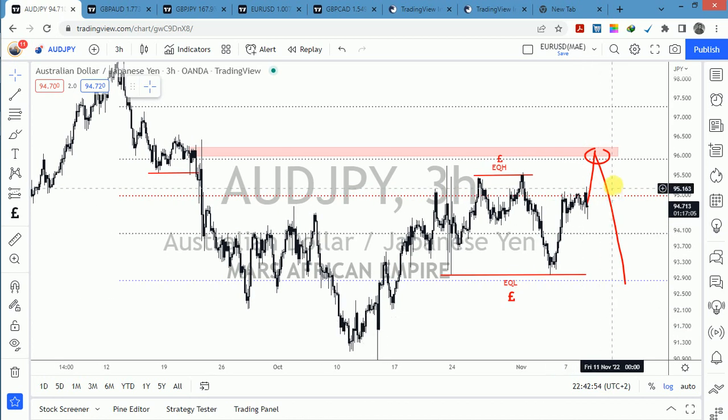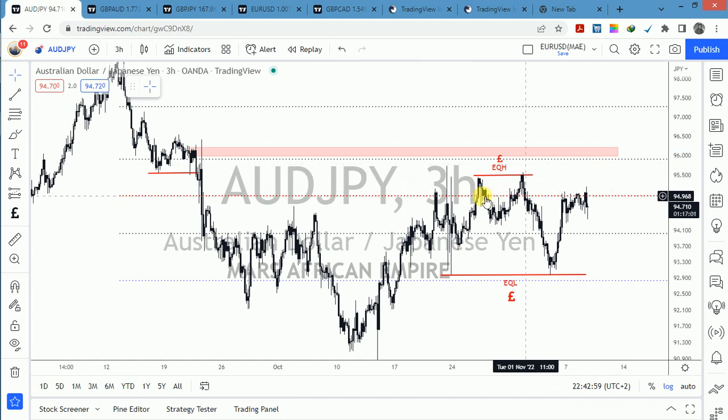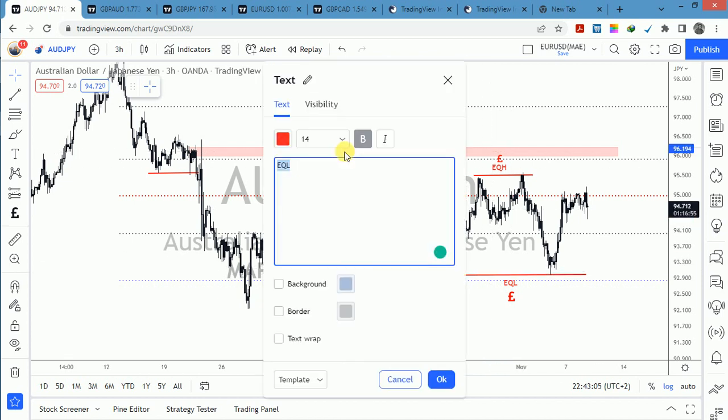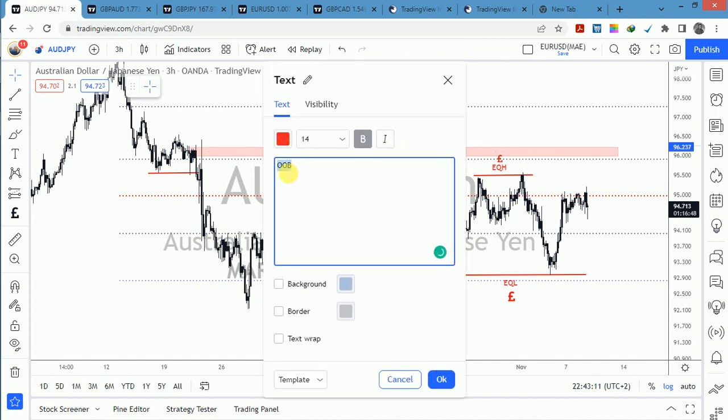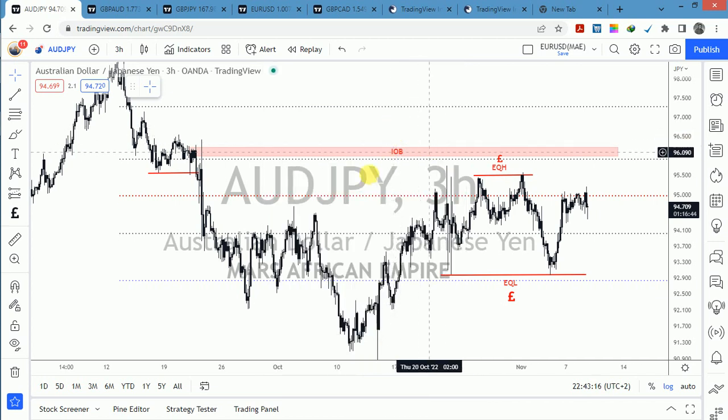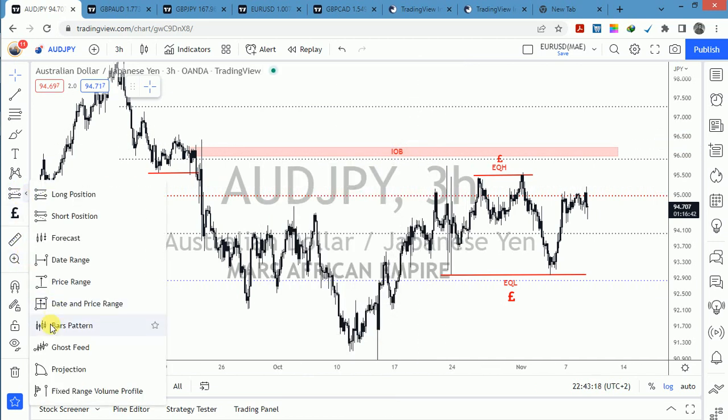So this is what I'm expecting in AUDJPY. I'm expecting AUDJPY to use this order block here, that is an IOB, and then it can drop from there.